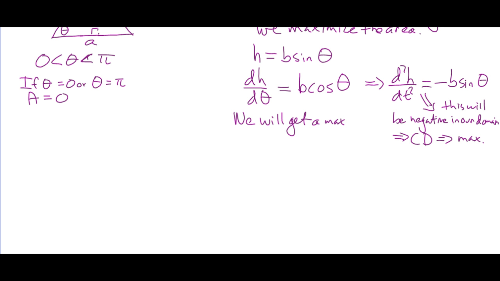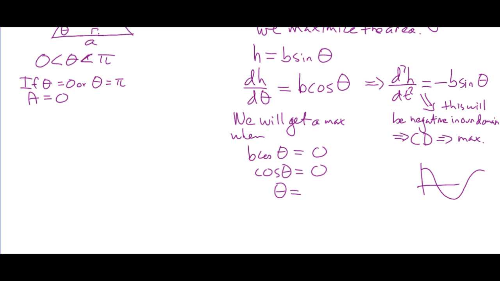Okay, so we will get a max when b cos theta is equal to 0, which means that cos theta is equal to 0, which means that theta is pi over 2 and 3 pi over 2.